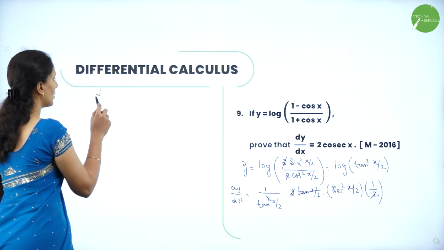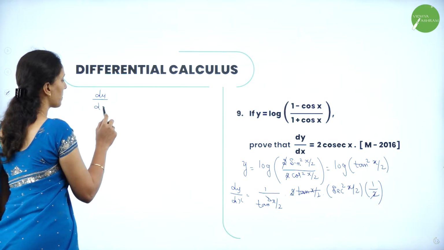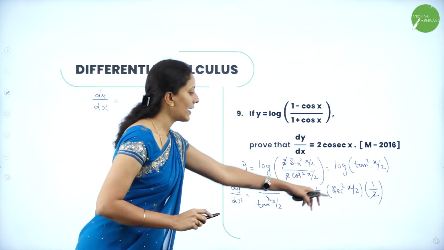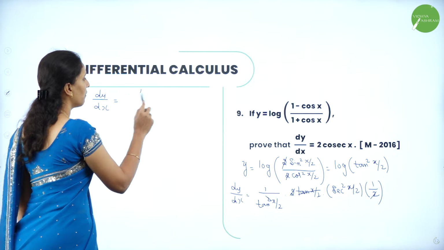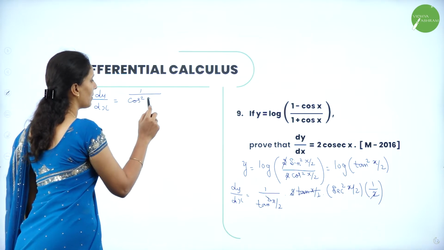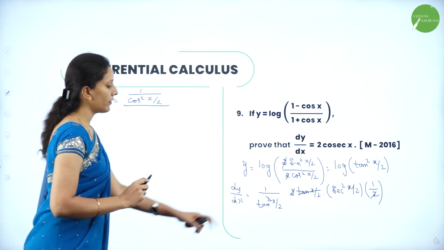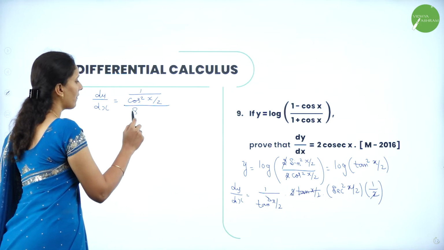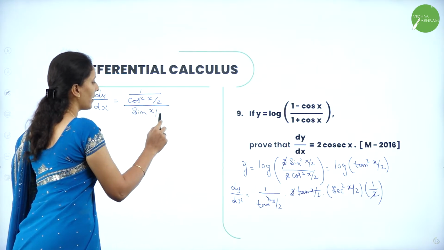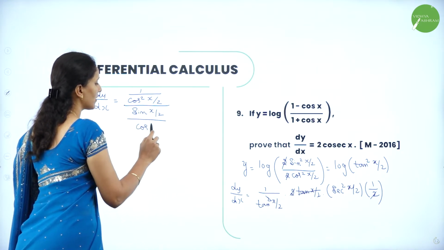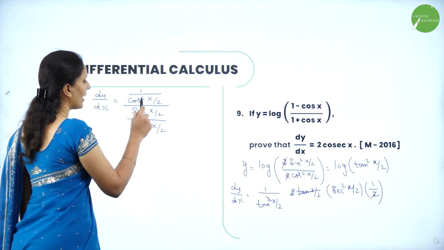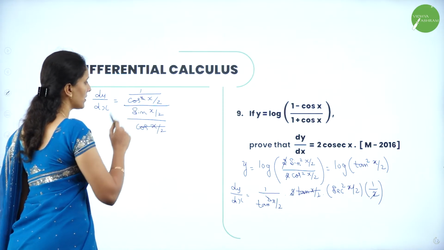Next we are left with dy by dx is equal to secant square, which can be written as 1 by cos square x by 2. And here we have tan x by 2. We can write this as sin x by 2 divided by cos x by 2. So I can cancel cos x by 2, cos x by 2.